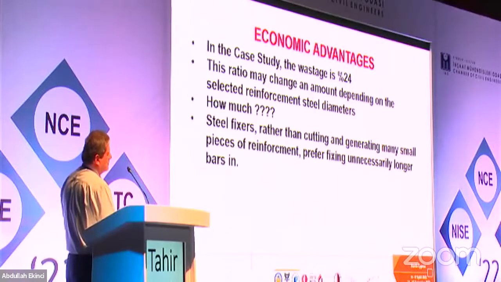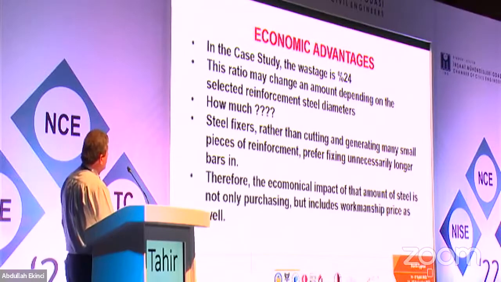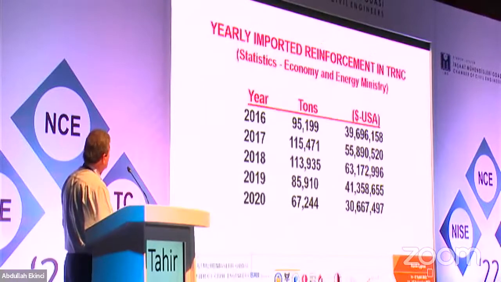So in practice, if there is a 2 meter length needed, and if the steel fixer finds a 5 meter bar, he puts in the 5 meter, he doesn't cut. If you cut, you will already see the leftover piece there. And you pay the steel fixer's cost as owner. Therefore, the economic impact of the amount of steel fixing is not only purchasing, but includes workmanship price and value.